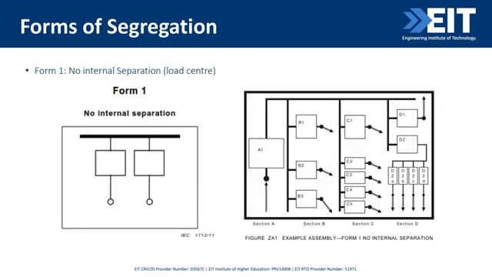So the switchboard form that has the least amount of separation is a form 1. And essentially, there is no separation between the bus bar, your protective devices, and your connected cabling. So there's no internal separation between anything within that board, and that would be a form 1.